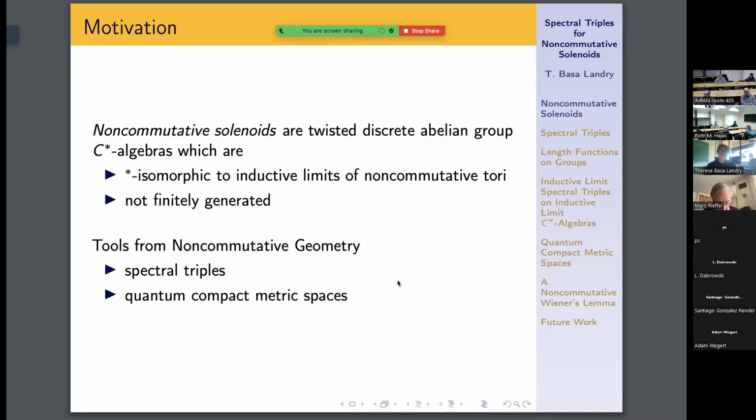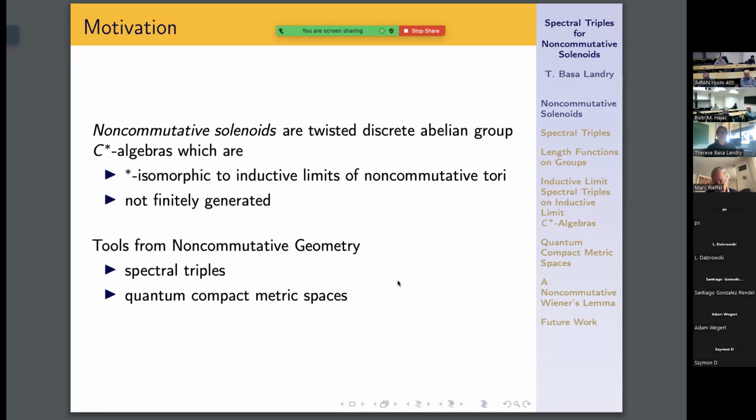And they can also be given a quantum analog of compact metric space structure in the sense of Rieffel. The constructions of both of these non-commutative structures will rely on length functions on groups, and additional properties for the length functions on the groups will lead to additional properties in these quantum structures.